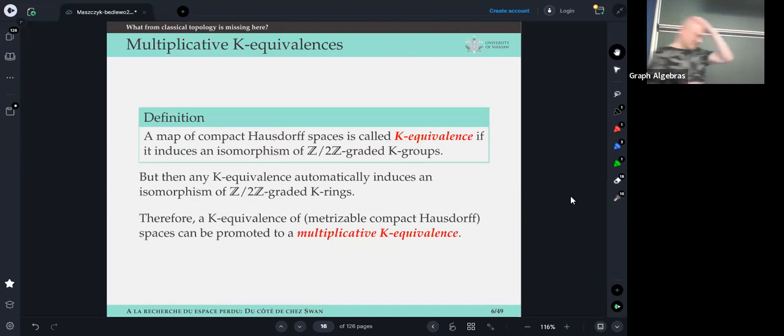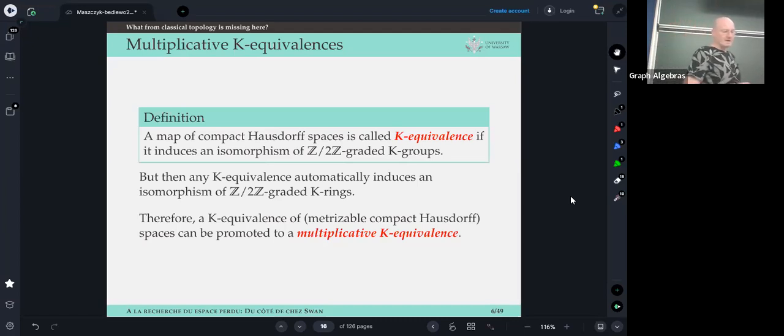So, as Francesco already said, the idea is to use the following fact. If we have two compact Hausdorff spaces, which are related by an honest geometric map, inducing a homomorphism between K groups, then the existing multiplicative ring structure on these K theories is preserved by this induced map.